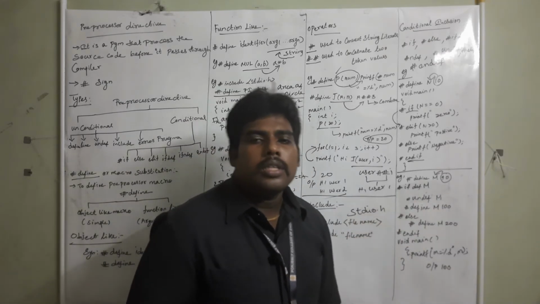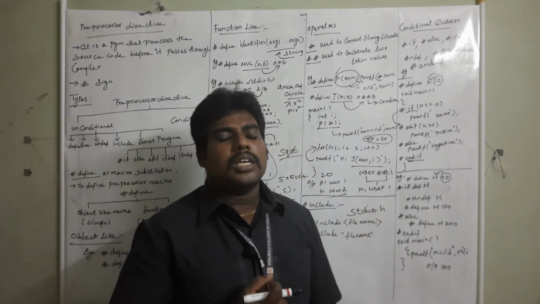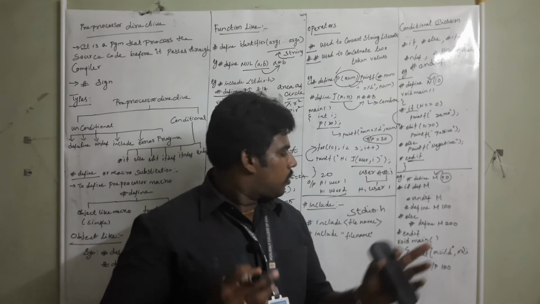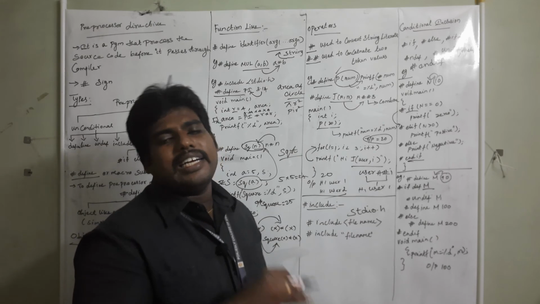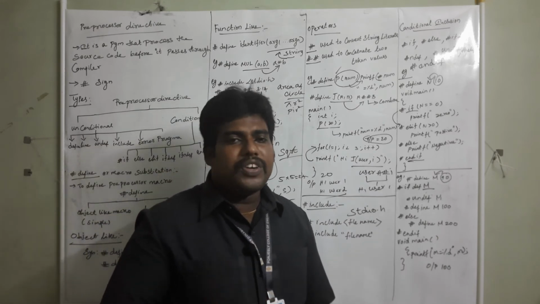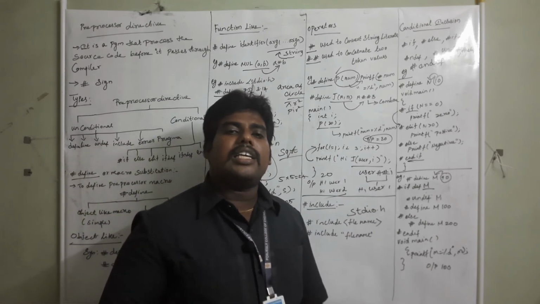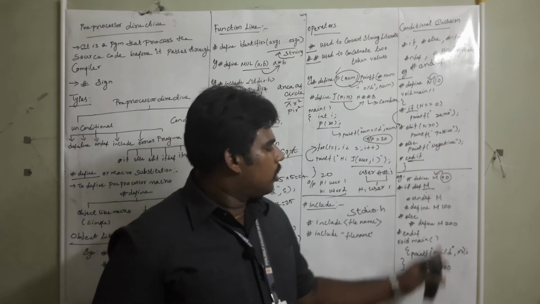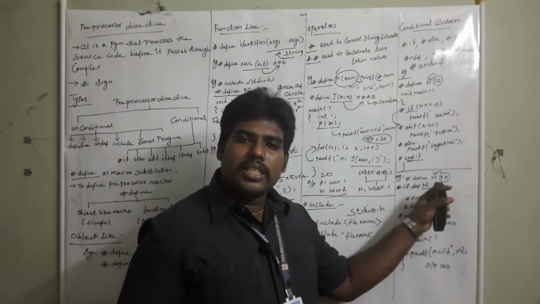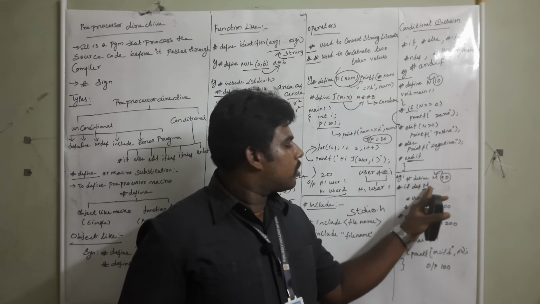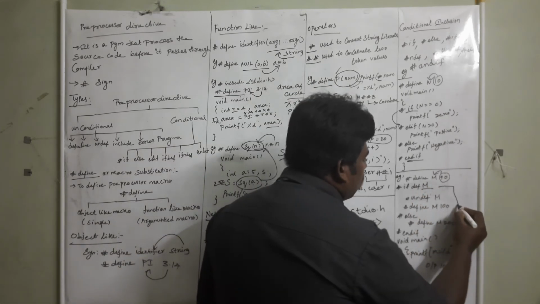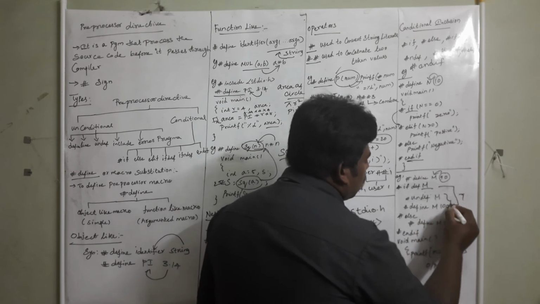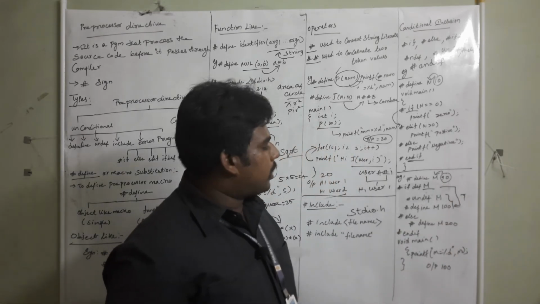ifdef, the meaning of ifdef is whether this m is already defined or not. Whether m is defined or not. It is defined, right? What's the value of m? 90. So if the condition is true, these two statements will be executed.